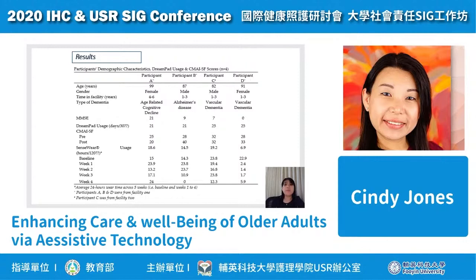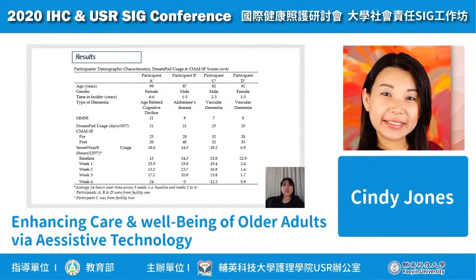Now, in terms of SenseWare, this slide shows the number of hours that they have actually used SenseWare. All right.